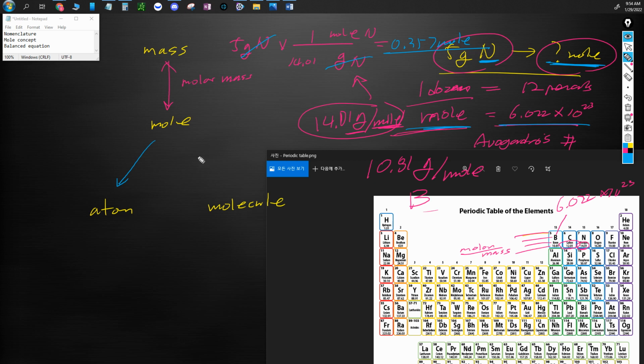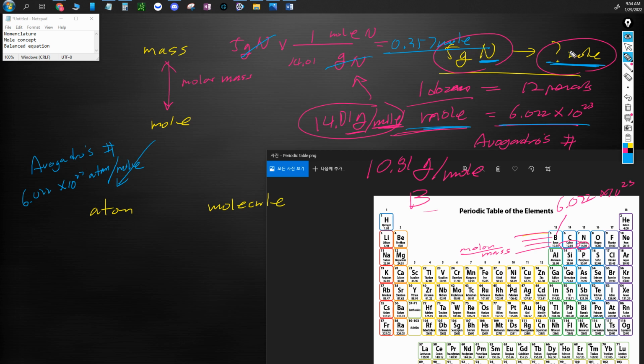So when we go from mole to atom, the conversion factor we use is Avogadro's number. The unit is 6.022 times 10 to the 23rd atoms per mole.